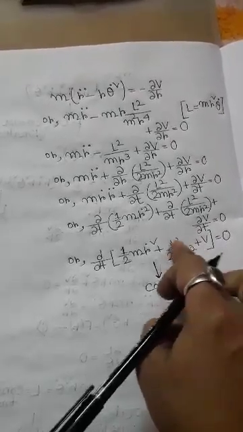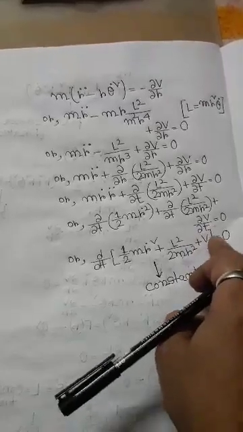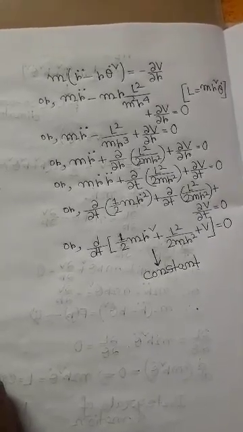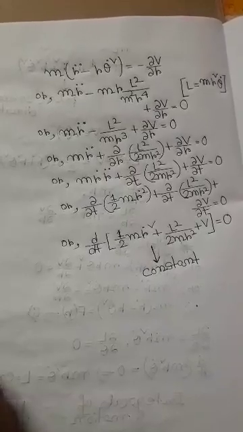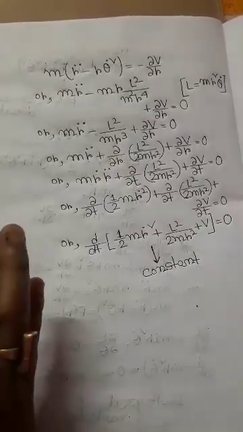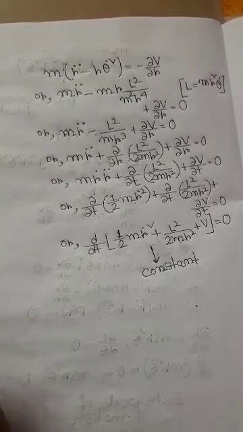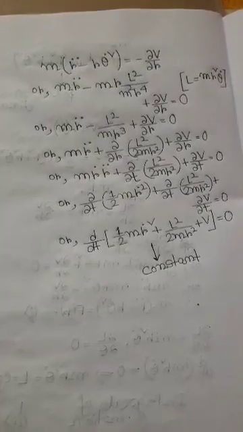Thus we see that the total energy of a particle in a central force field remains constant. First we found the equation of motion of the particle, and by using this equation we proved that the total energy of the particle remains constant.